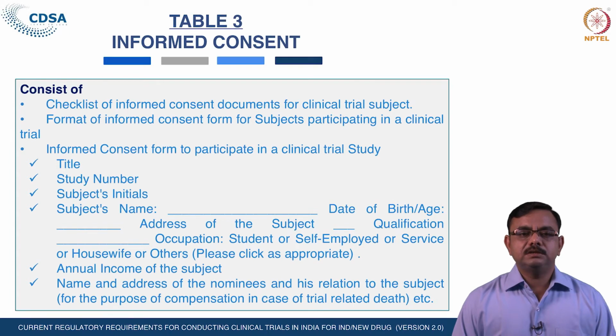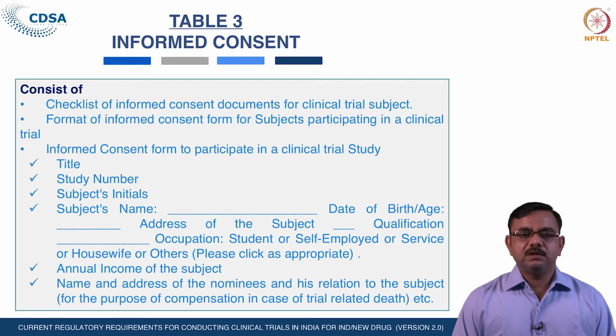There is a requirement of a statement that the study involves research, and an explanation of the purpose of the research. Then the next element is the expected duration of participation, whether it is 15 days or 10 days, which has to be mentioned in the informed consent form.